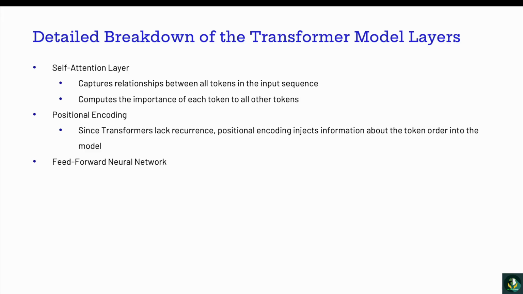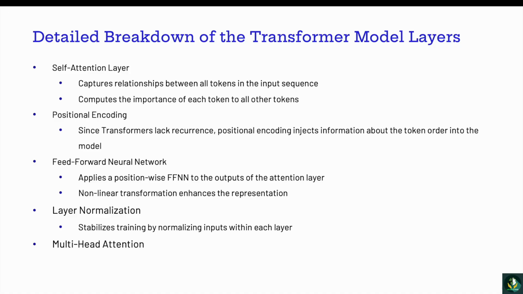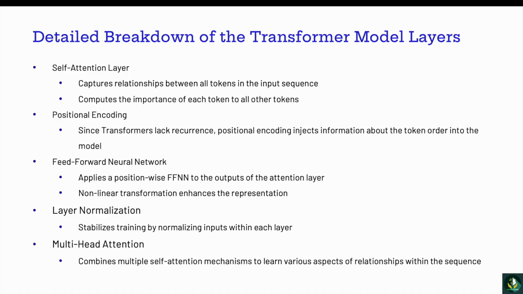Next, we have the feed-forward neural network. It applies a position-wise FFNN to the outputs of the attention layer, and the nonlinear transformation enhances the representation. Layer normalization stabilizes training by normalizing inputs within each layer. Finally, multi-head attention combines multiple self-attention mechanisms to learn various aspects of the relationships within the sequence.